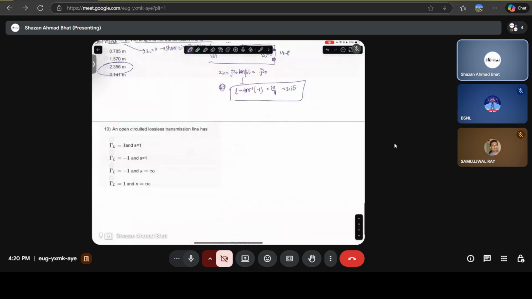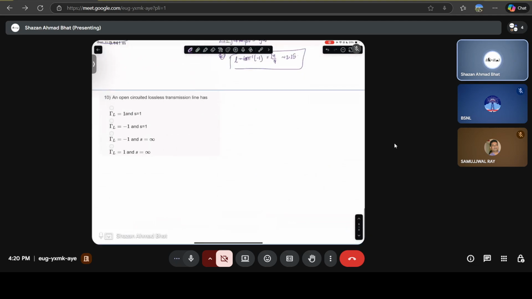And now the final question is an open circuited lossless transmission line. Open circuit means ZL is infinity. That means this is open at this end. If ZL is infinity, the reflection will be 1, because whatever electromagnetic wave comes, it's going to entirely reflect because it will not go to the load. There is no load, it's open.